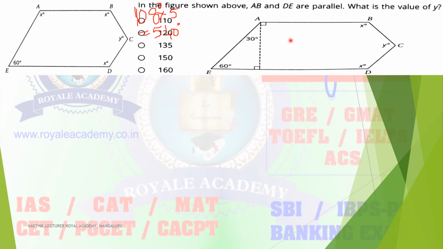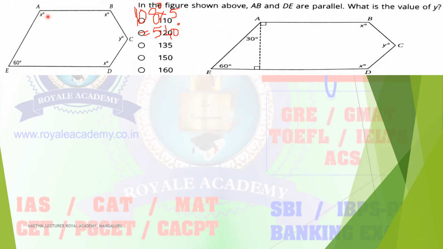Why? Because while bisecting, you consider this as a triangle. Here 90 degree as well as 60 degree, then obviously you will get 30 degree. This angle is 30 degree, and this is 90 degree. 90 plus 30 is 120 degree.